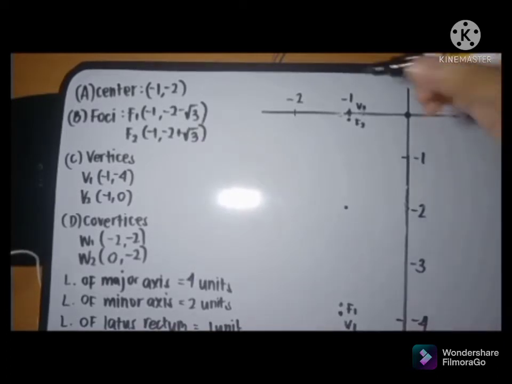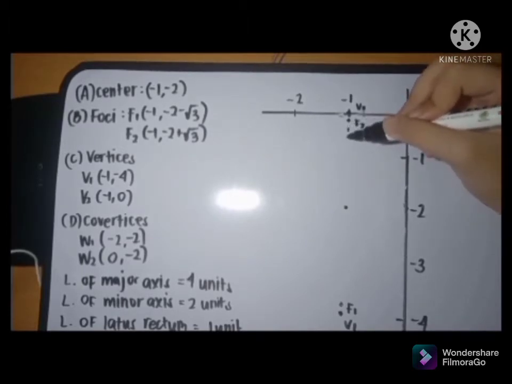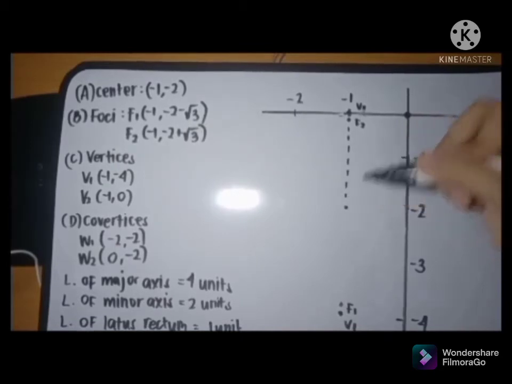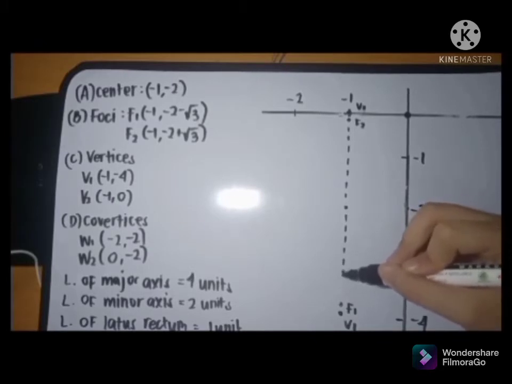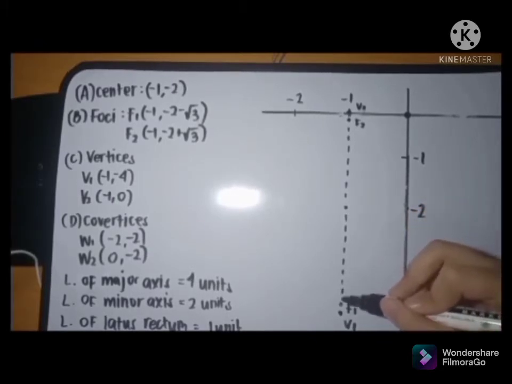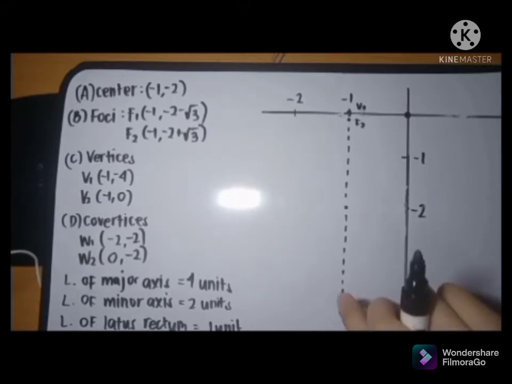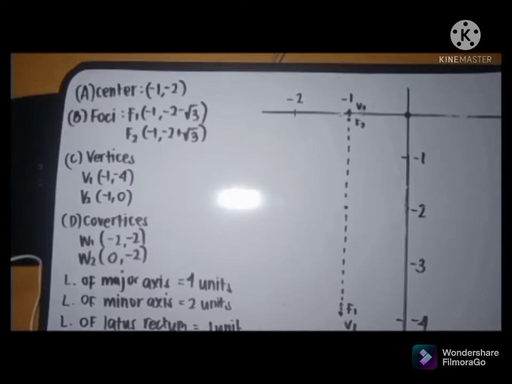So if we imagine a broken line that represents the major axis, it should look like this. It explains here that in the major axis, the center, foci, and vertices lie on the major axis.